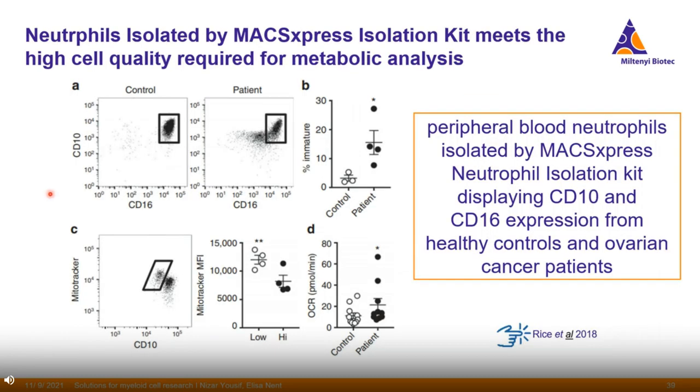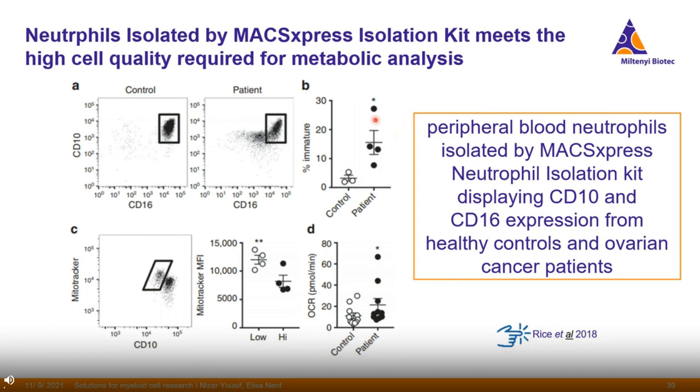In this slide, I would like to show you data from a publication where it was assessed whether oxidative metabolism might be present in neutrophils from cancer patients. In this work, they isolated neutrophils from peripheral blood using the MaxExpress neutrophil isolation kit. Analysis revealed that patients harboring ovarian cancers had an increased proportion of neutrophils with intermediate expression of CD10 and CD16, which is a characteristic previously reported as indicative of immature phenotype.